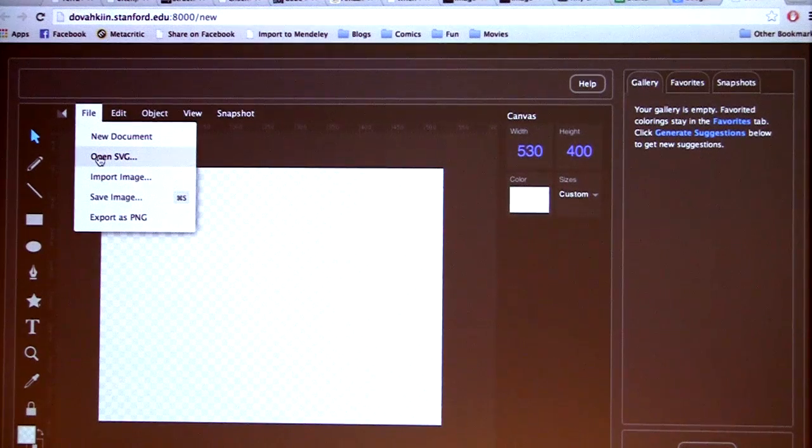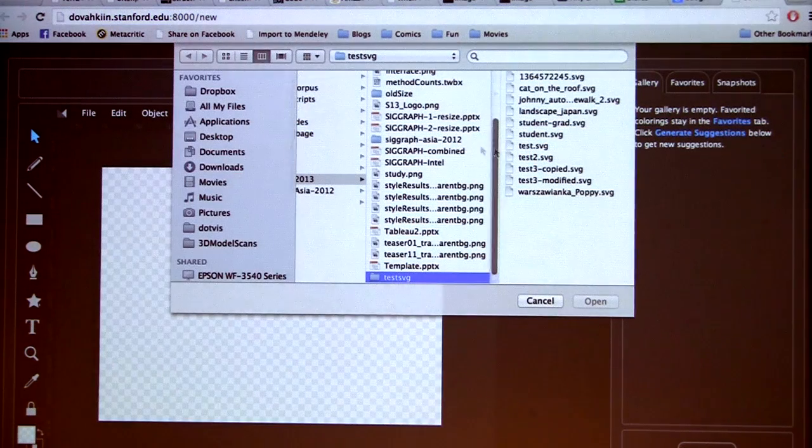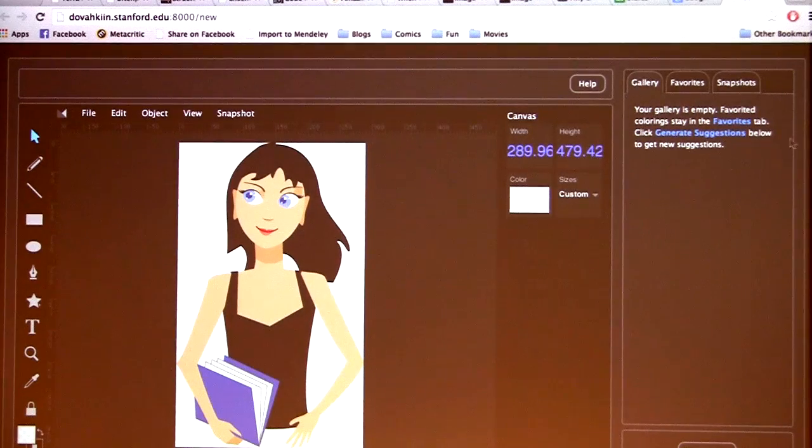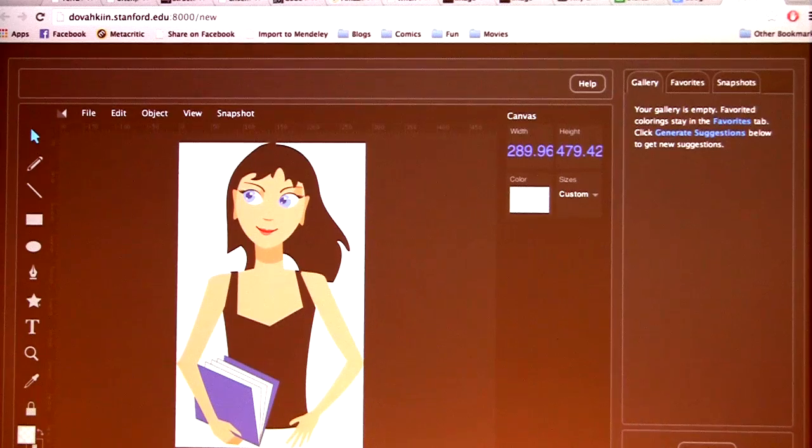Alright, so I'm going to open up a vector image. So far we've seen patterns that are pretty abstract and more stylized. So this is an example of an image that's a little bit different, and it's more like character art. For starters, let's see, what does our system do with this image?